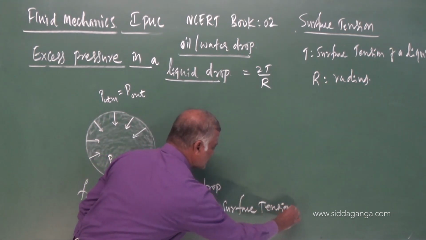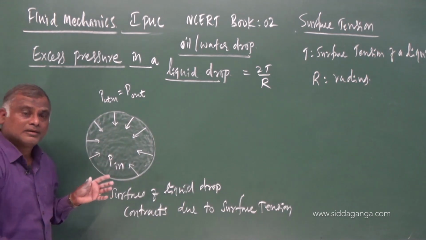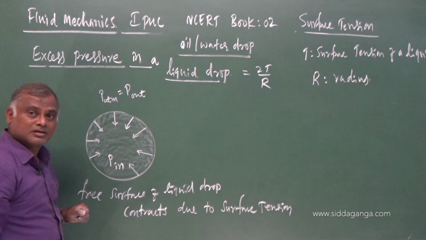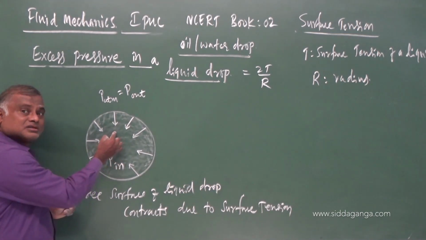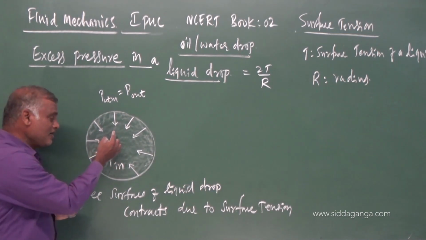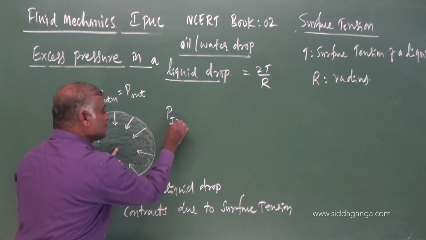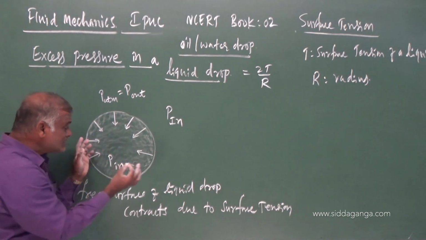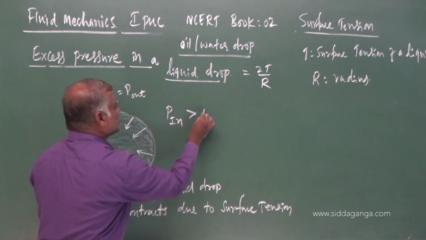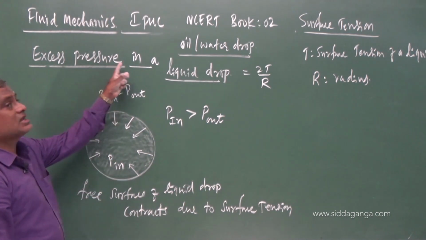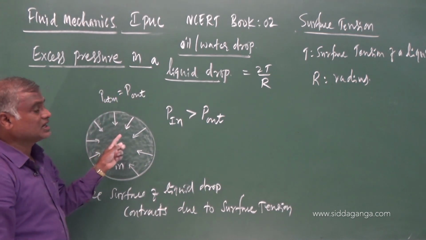Understood? So what happens now? When they are brought together, there is an increase in pressure. So the pressure which is developed inside the fluid is always greater than the outside pressure, and that we call the excess pressure inside the drop.